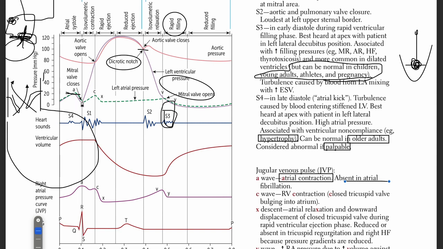Right before the mitral valve closes, what's gonna happen to the left atrium? It's gonna push, so it's gonna create the pressure increase, and you'll see the pressure increase in the left ventricle as well, right here before it closes, right? That's why it's only this much, right?